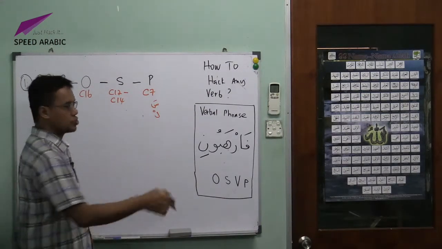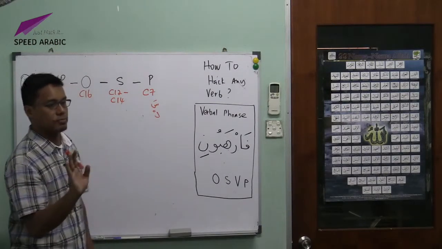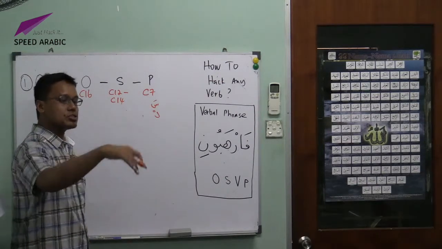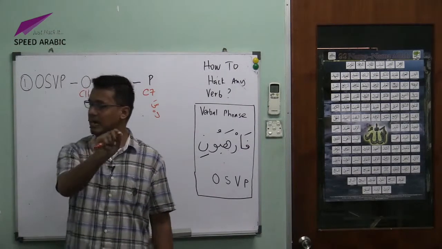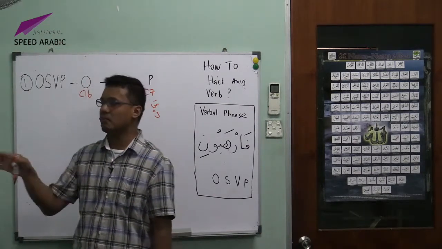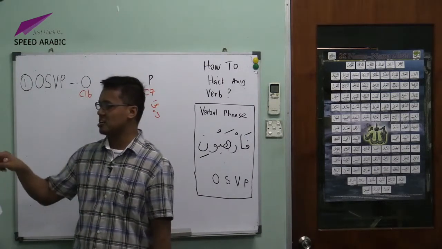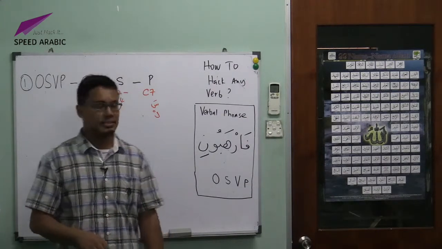So only these two come after or before verbs. Okay, but there are also particles that come before verb, noun or particle, which is number 2 until 6.